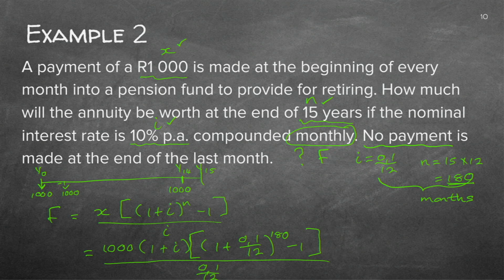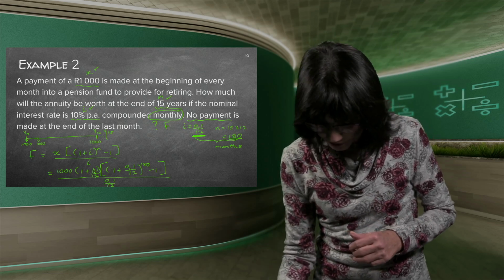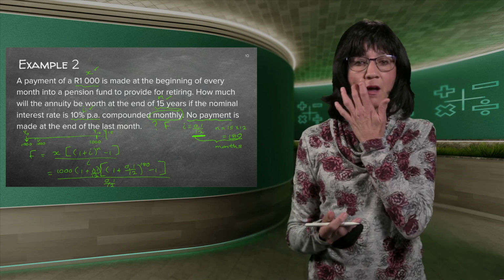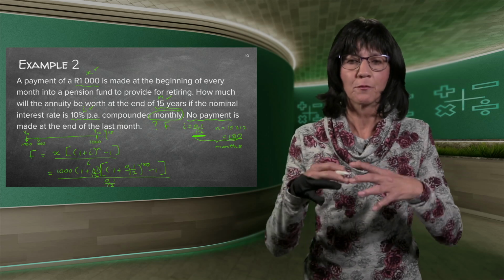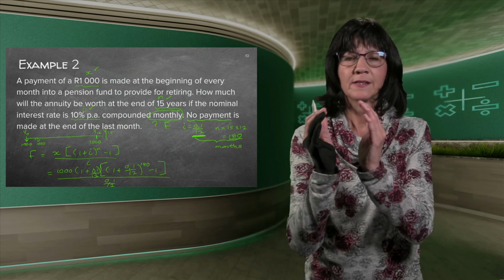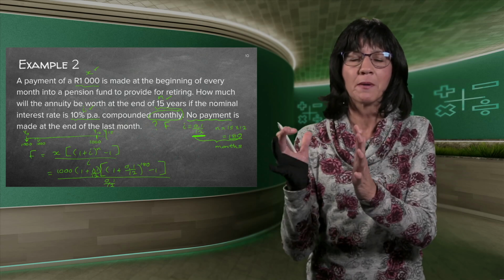Now that I there, I can just as well make 0.1 over 12, because remember, I'm doing monthly interest. So there on the right-hand side, I did my monthly interest. So there it is, 1 plus the I is then 0.1 over 12. So the only thing different from your normal F formula is that you slot in an extra bracket after the 1,000 for that first month's interest.